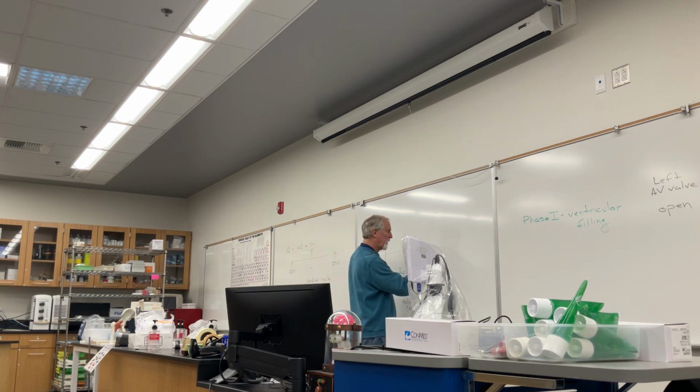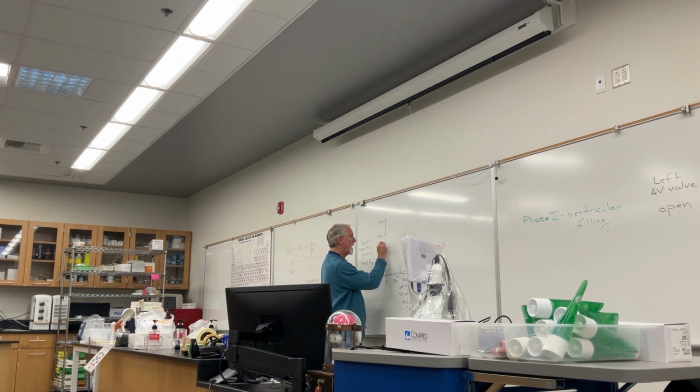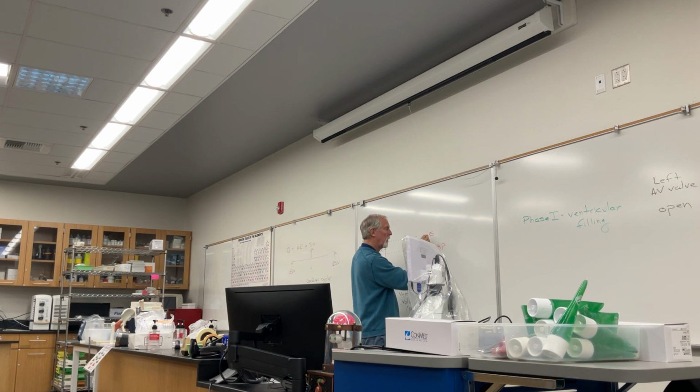And this is our diastolic blood pressure. And I'm going to put another dashed line in here, right at about 120 millimeters of mercury, and that's going to be our systolic blood pressure.